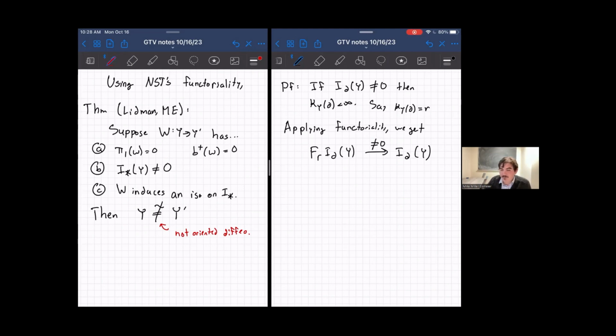Well, I have this map from FR of D over to I of D, which I know is non-zero because kappa Y of D is R. I also have a compatible map to FR minus eta of Y prime because the cobordism is simply connected. Energy must be positive. Filtration must decrease as I move from one side to the other.